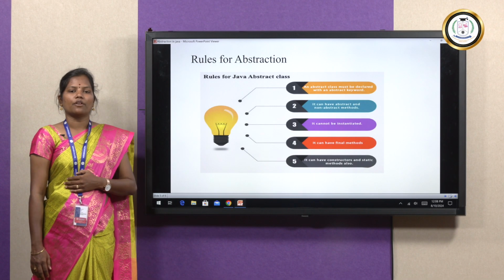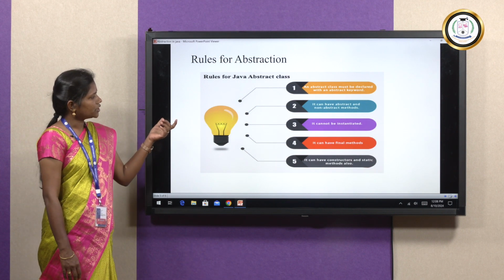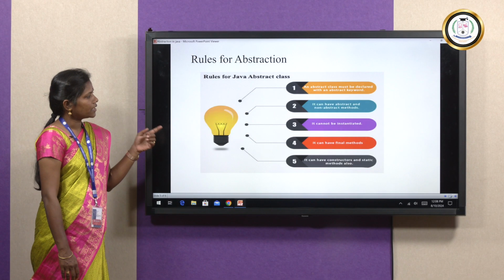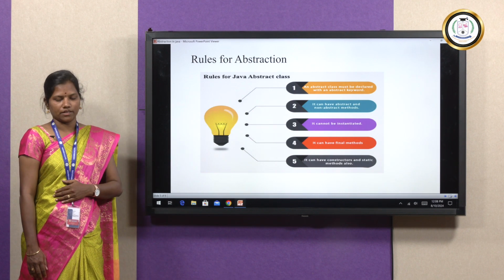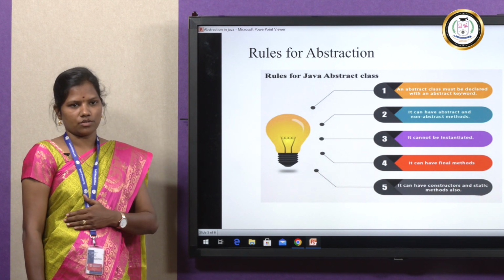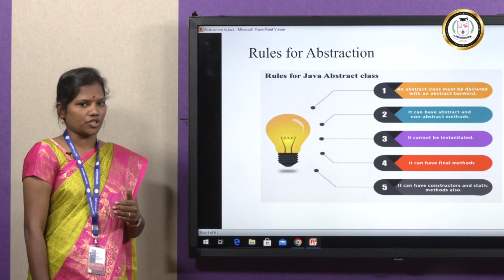There are a few rules we have to follow when we use abstraction. The first rule is that an abstract class must be declared with the abstract keyword, and if we create an abstract method we also have to use the abstract keyword. The second rule is that it can have both abstract and non-abstract methods, that is, unimplemented and implemented methods.